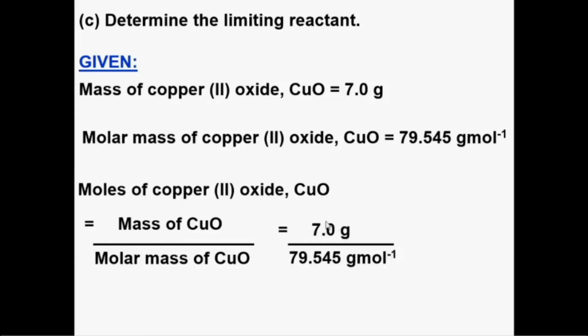Substituting the values, 7 grams divided by 79.545 grams per mole, we get 0.088 moles of copper 2 oxide. Keep in mind, guys, this is the moles of copper 2 oxide that we use in this reaction. So we put aside this copper 2 oxide.